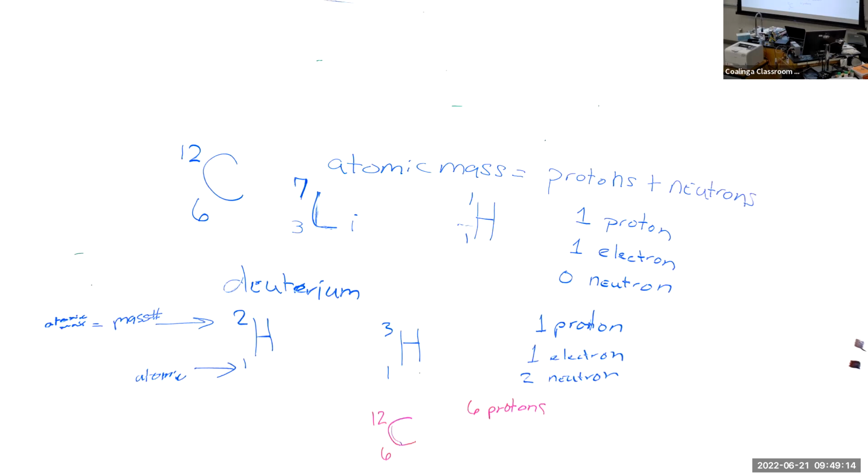Remember that upper number is the mass, okay? How many electrons must carbon have? How many neutrons must carbon have? 6, right? It weighs 12. Remember, the weight is going to be its neutrons plus its protons. If it weighs 12, it has to have 6 neutrons. Does that make sense?